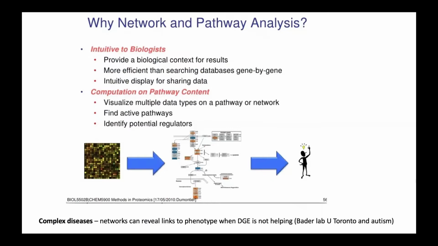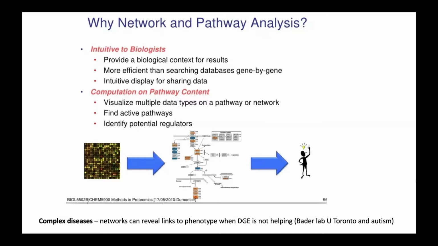It provides more biological context for your results, and it's a lot more efficient. Of course, we are talking about high throughput data compared with gene by gene search for gene function, which is pretty much not doable anymore with modern data sets. And the display is usually quite intuitive, easy to understand.